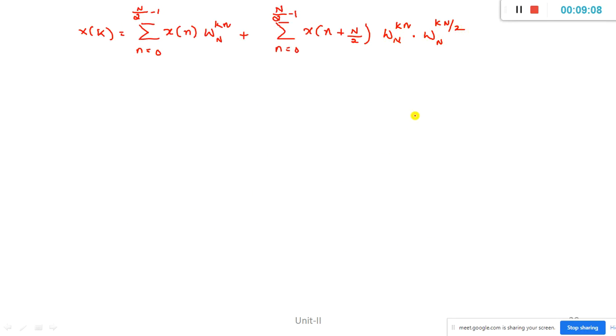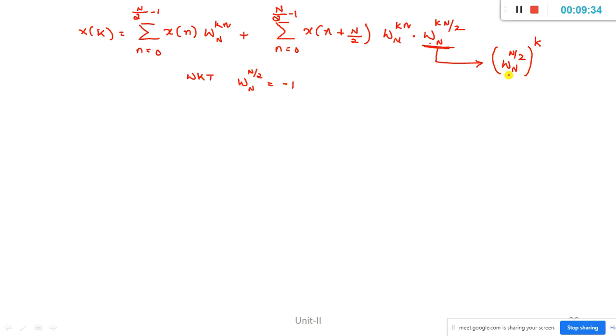Is it not? Okay, now we know that W_N to the power of N by 2 is equal to minus 1, right? So I can write this particular portion, look at this, W_N to the power of N by 2, can I write like this, whole to the power of k. So what happens?